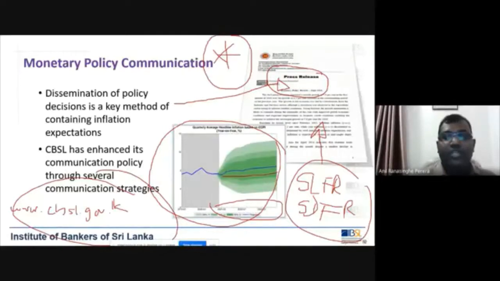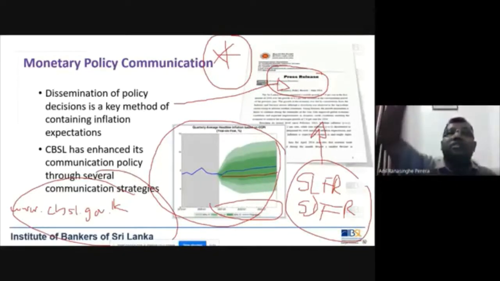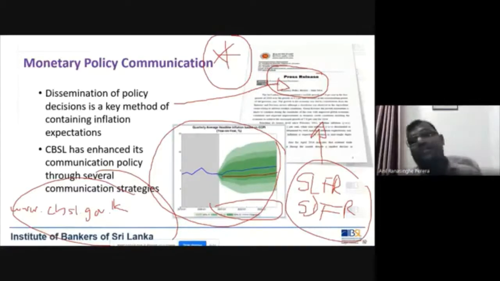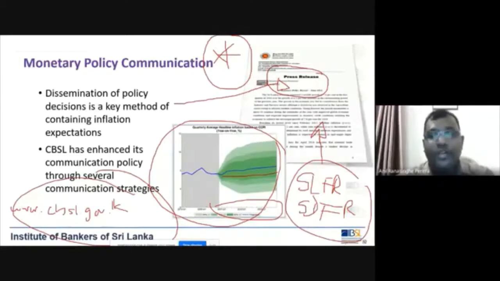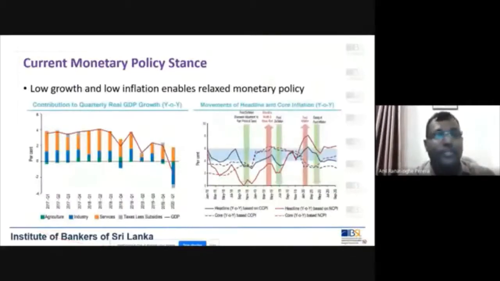That could change in the future, but at the moment, what we see is no inflation in the future. So there's no pressure. Investors, policymakers, or market players can make very confident decisions by looking at this monetary policy communication. Now, this is the current monetary policy stance.